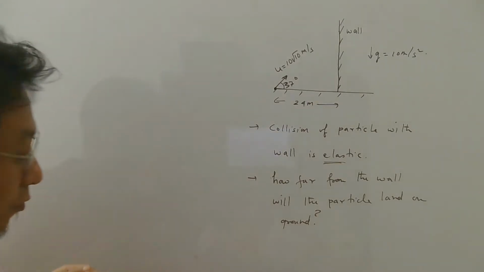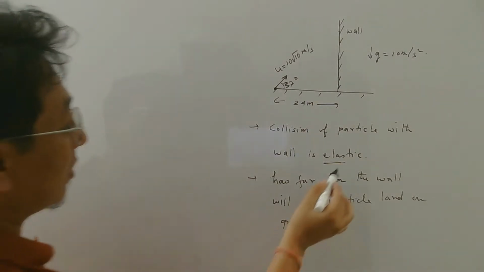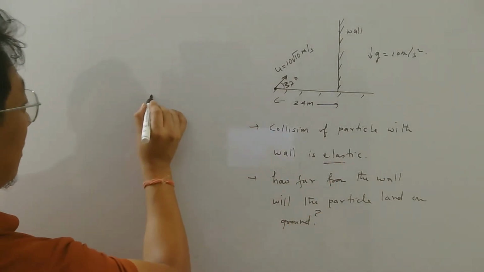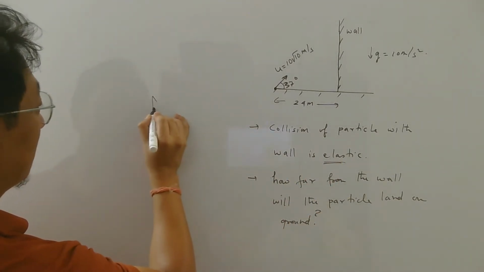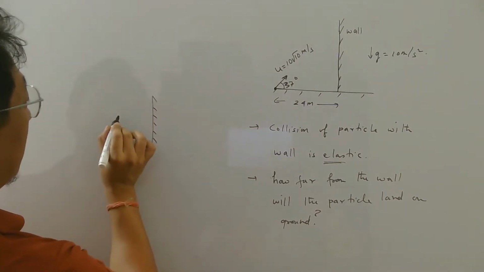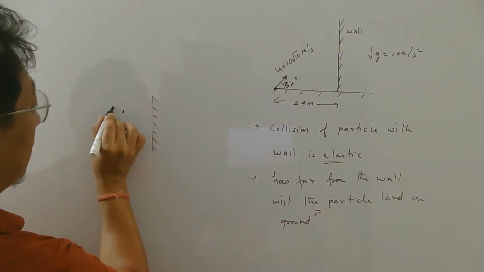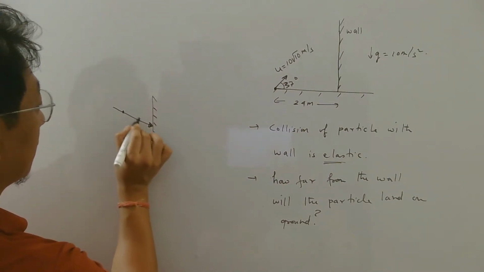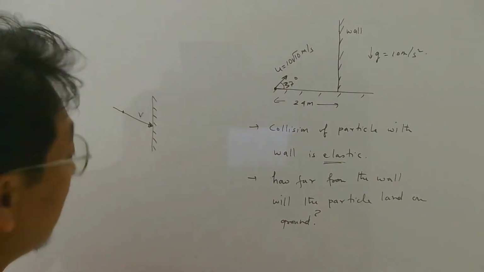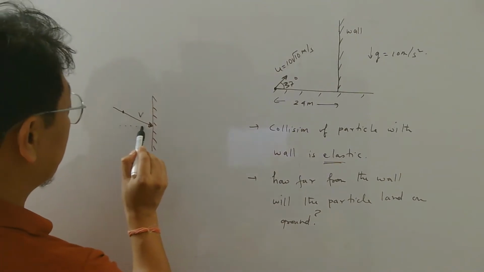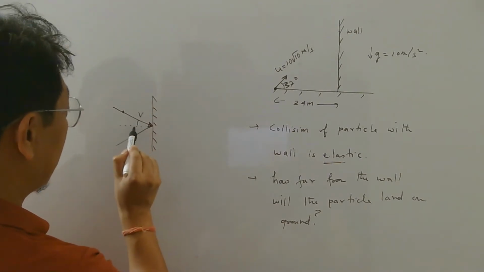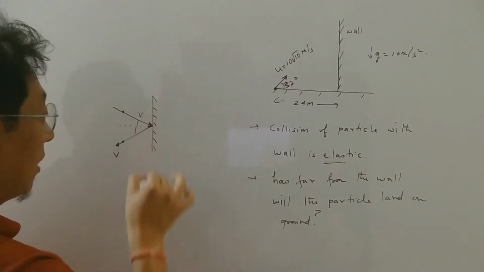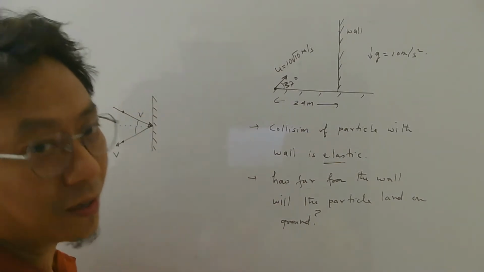Now the first thing you have to understand is what is the meaning of this elastic collision with the wall. So understand that if this is your wall and a particle hits the wall this way with speed v, then what it means is it will rebound at the same angle with the same speed, provided this wall is considered to have infinite mass.